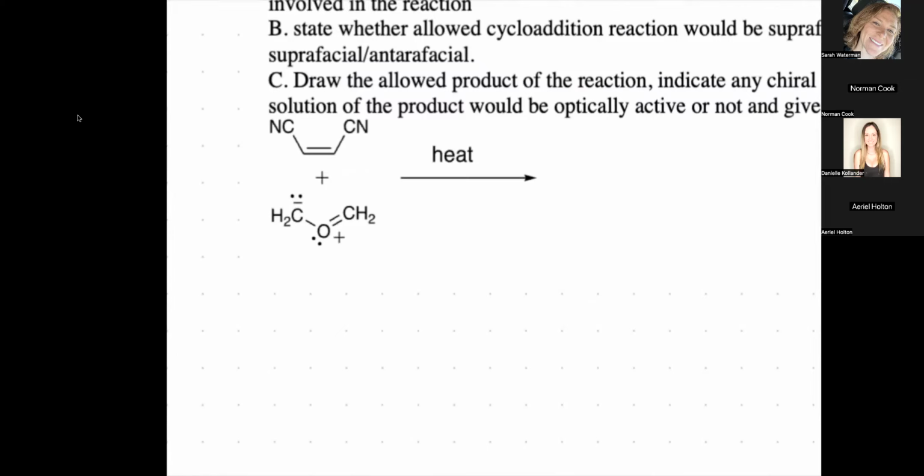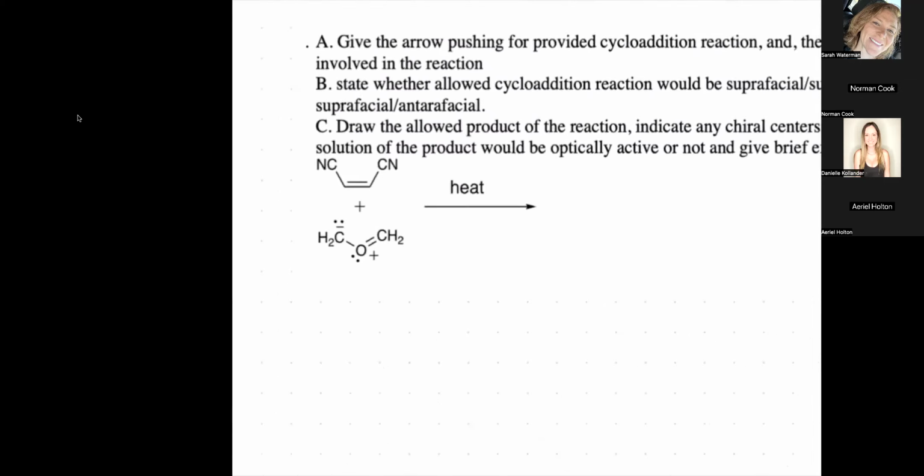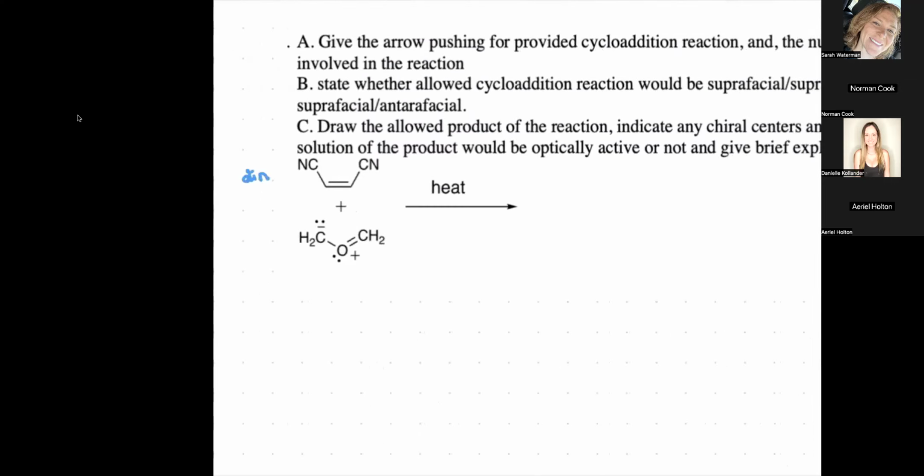Over here we have our dienophile, and here we have our diene. How many electrons are going to participate with the dienophile? 2 electrons, exactly. And what about with our diene? 4, yeah. We have a pair here and a pair here.